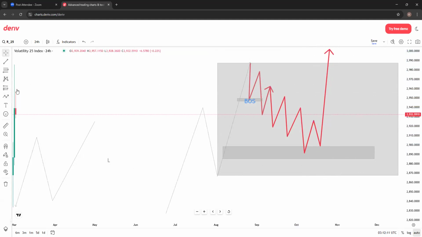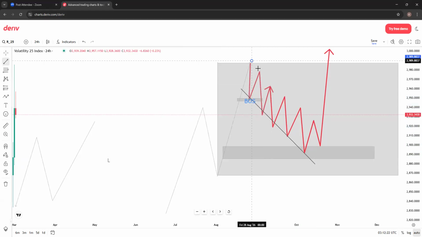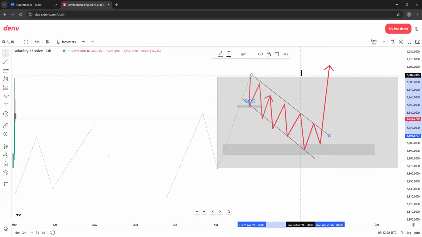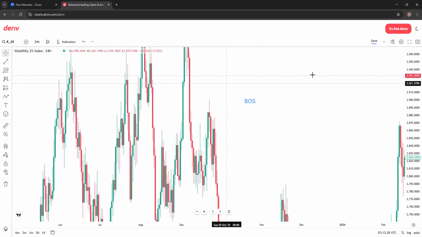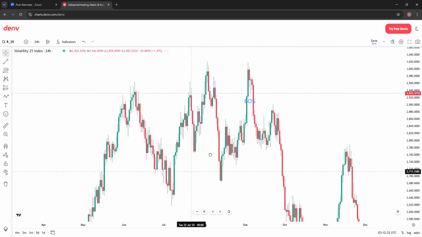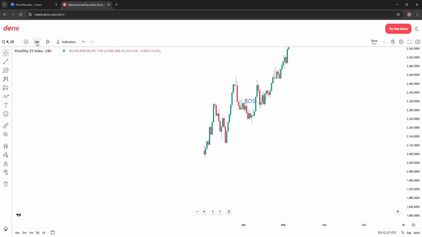And if you mark it, what are you going to see? You're going to see that you're going to have your flag, and it's going to be looking like this, and then it continues. So let's look for an area where we had a flag, either in the sell or in the buy direction.